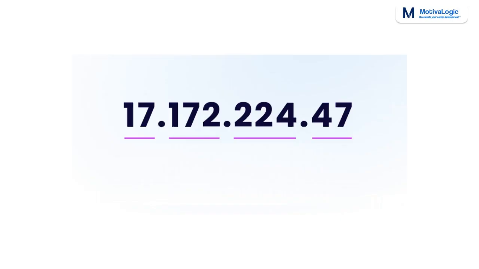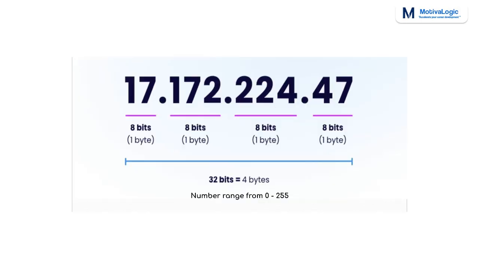As you may recall from the beginning of this session, an IPv4 address is typically written as 4 decimal numbers separated by dots. Each of these numbers is called a byte, representing 8 bits, with values ranging from 0 to 255.